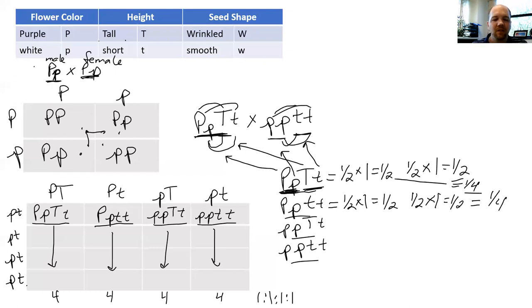So what we find is, here we go. The probability of getting a small p from the first parent is 1/2 times 1, times the probability of the big T from the first parent, which is 1/2 times 1. And so we get 1/4 for that. And we actually get the same thing for this last one as well.